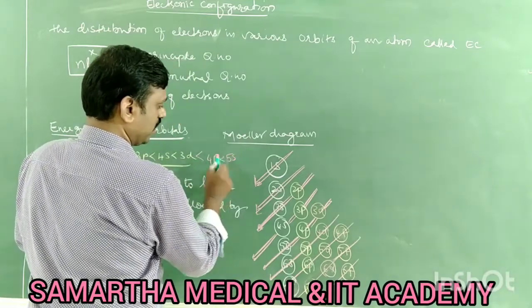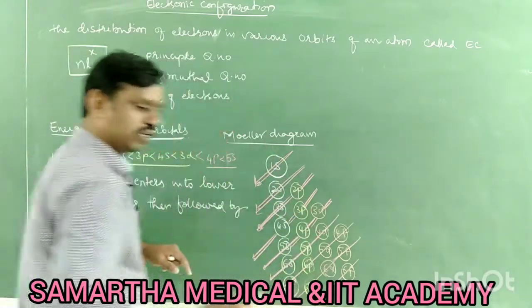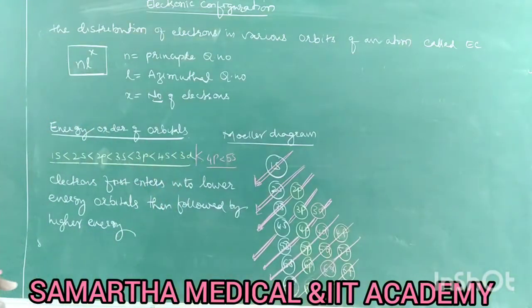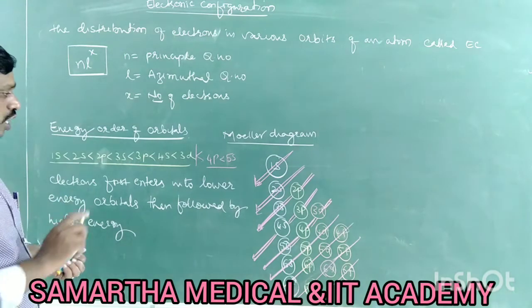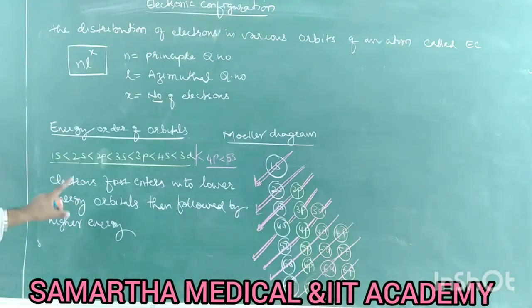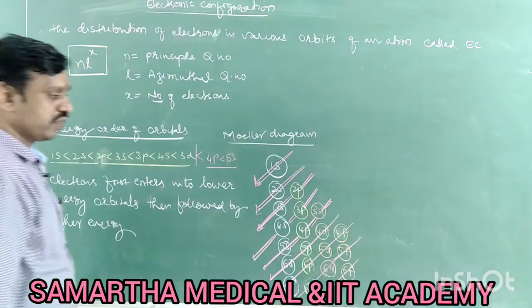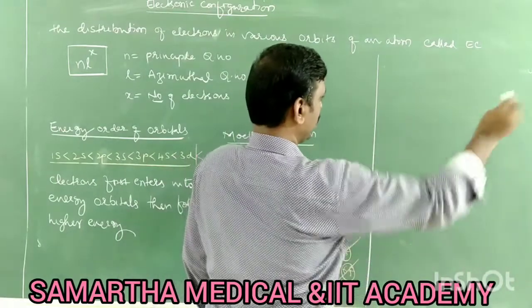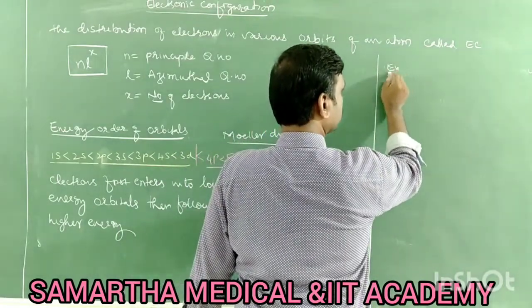Like this you can go on with all the orbitals, but we require only till 3d orbitals. So you need to remember this important point. Now let's see the electronic configuration of elements. Let us take the example of hydrogen.